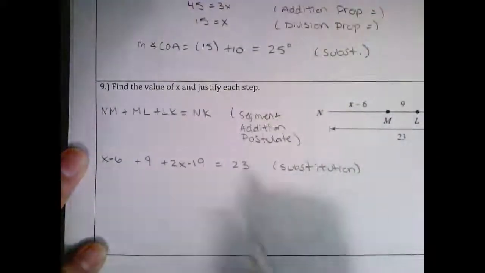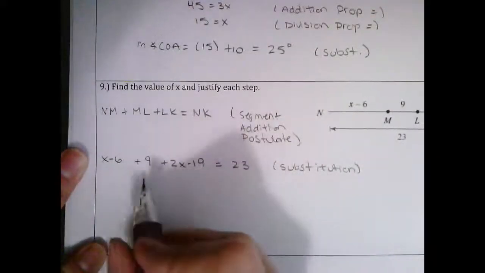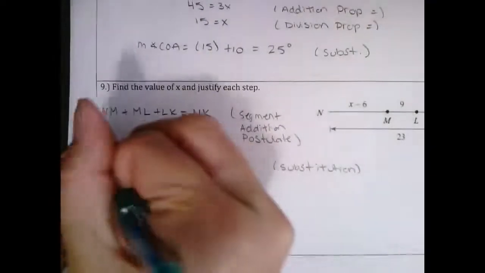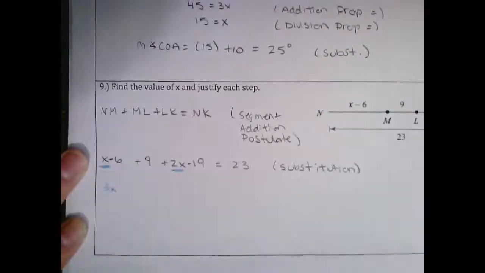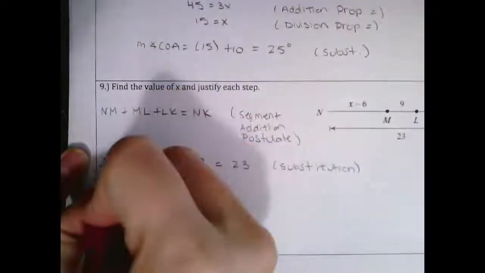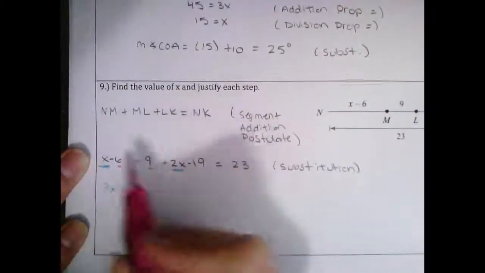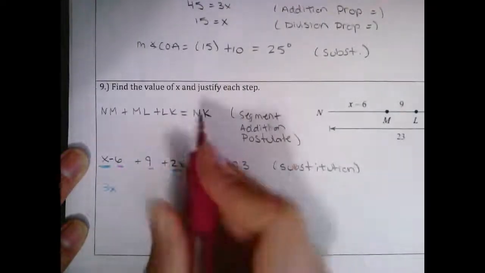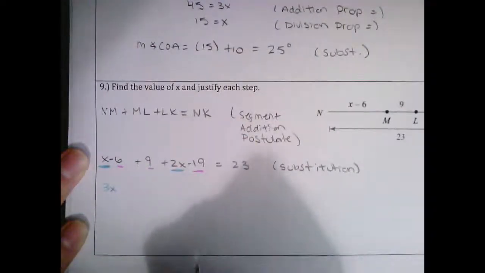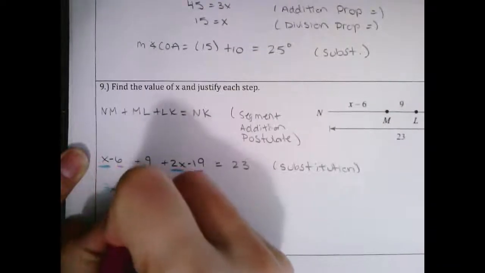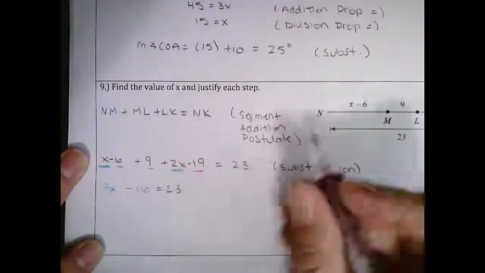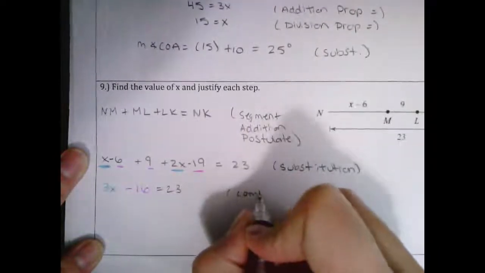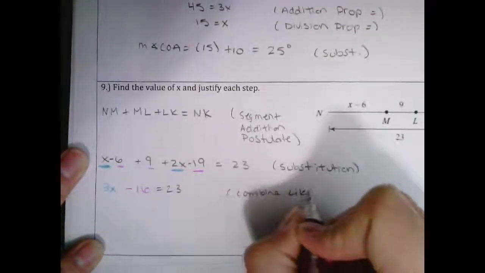All right, we can combine like terms over here. So for example, we can combine x and 2x. That'll give us 3x. We can also combine negative 6 and 9. That's going to make 3. 3 plus negative 19 is negative 16. So that's combining like terms.